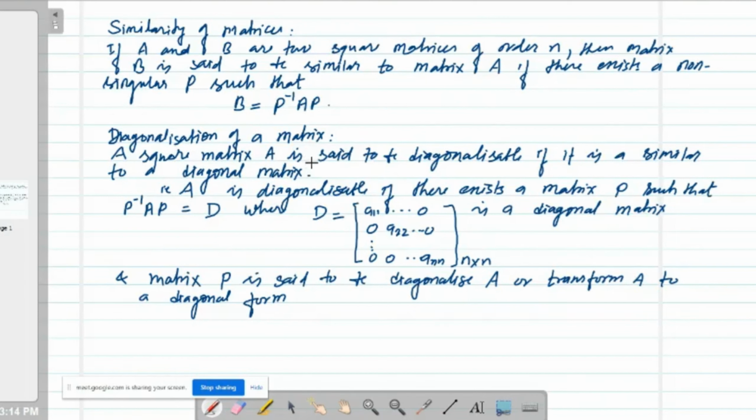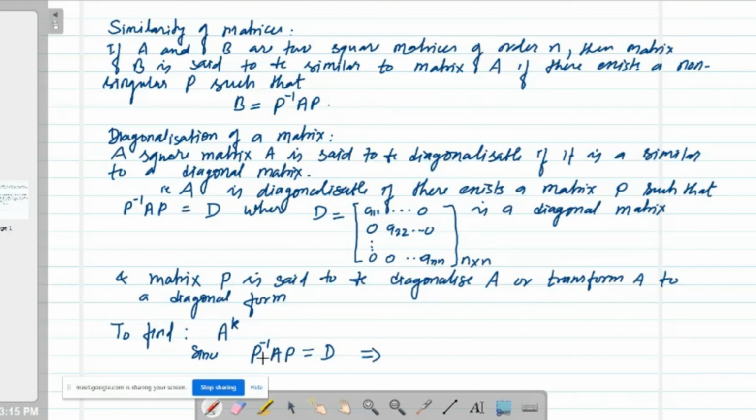Now using this definition, we will do some problems. If I ask to find A to the power n or A to the power k, then what I have to do? We just shift the matrix P to that side. Since we have P inverse AP equal to D, now what I have to do?